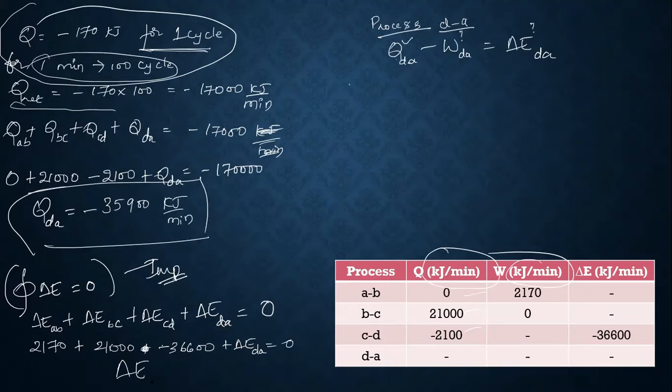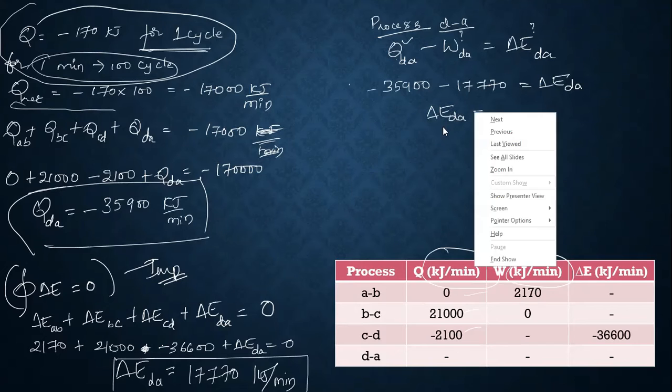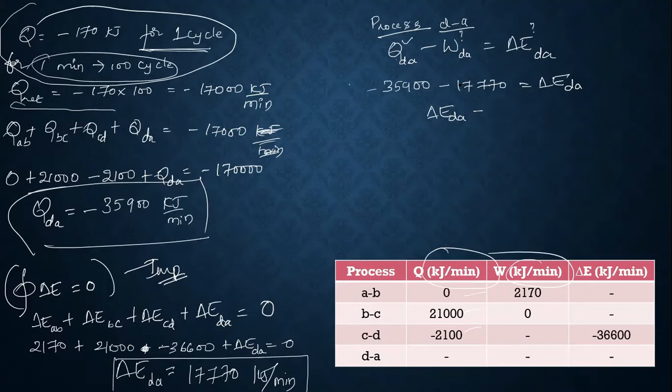Therefore, delta E DA is 17770 kilojoules per minute. Therefore, substitute here, Q DA is minus 35,900 minus W DA is 70,770 is equal to delta E DA. Therefore, the unknown term delta E DA is minus 17,770.